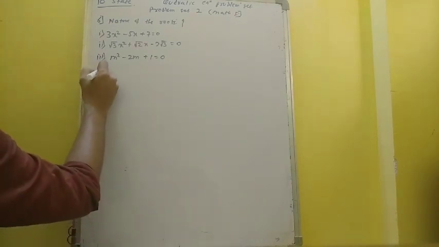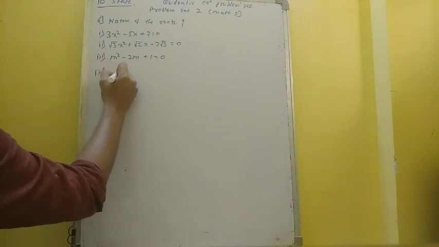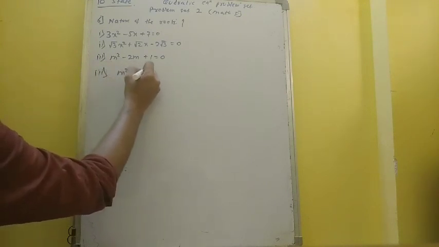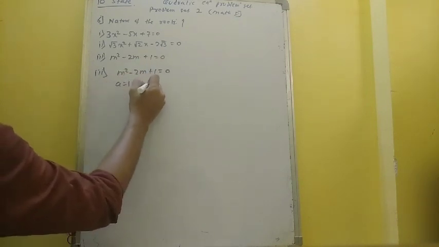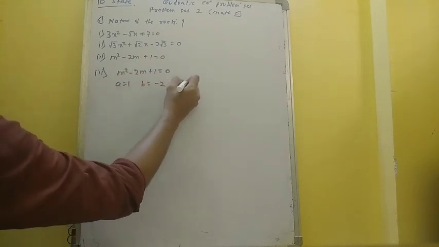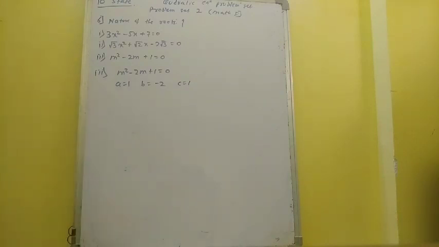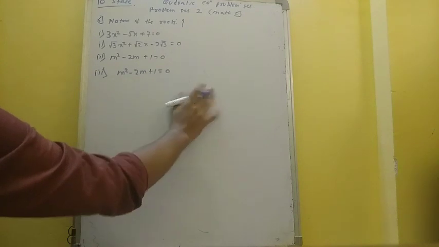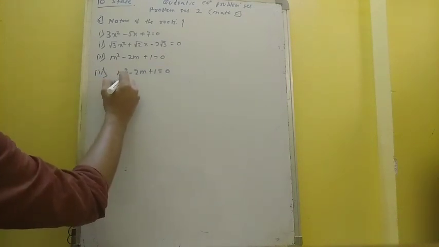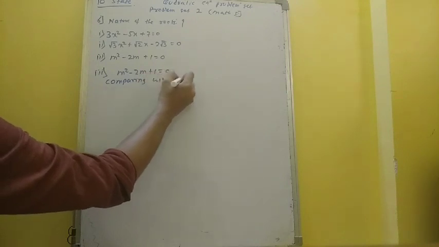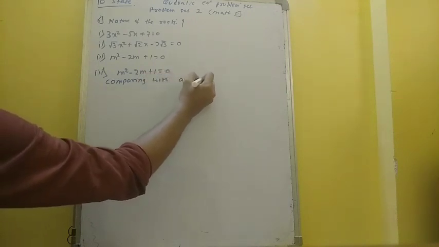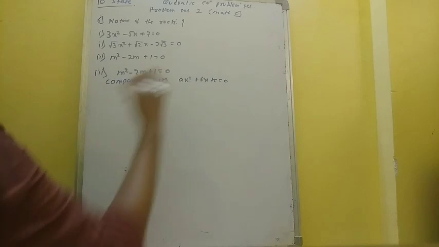So for the third one, we have m square minus 2m plus 1 is equal to 0. Sorry, I forgot to write that statement. Comparing with ax square plus bx plus c is equal to 0.